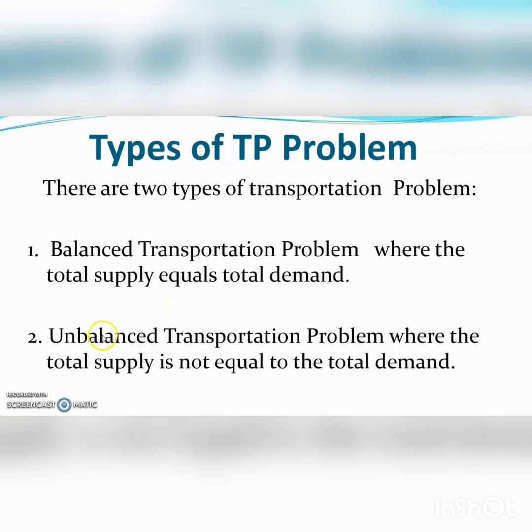In an unbalanced transportation problem, total supply is not equal to total demand. But this type of problem cannot be solved directly. We have to first transform the unbalanced problem to a balanced one by adding a row or column. This type of problem will be discussed in our next classes.